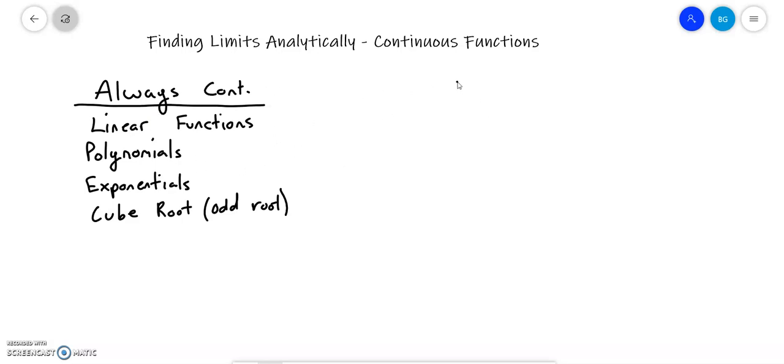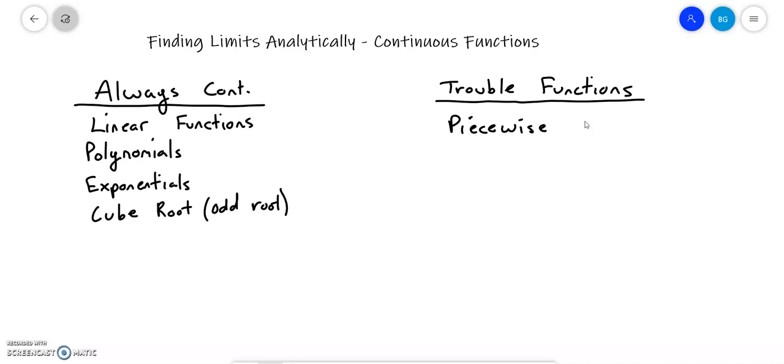Let's look at some trouble functions. What functions are going to get us in trouble? We saw on our last video, piecewise functions are not always going to work out so well. Not to say they'll never work, but they can definitely get us in trouble. Rational functions. Can't divide by zero. Rational functions are prime examples of trouble functions.